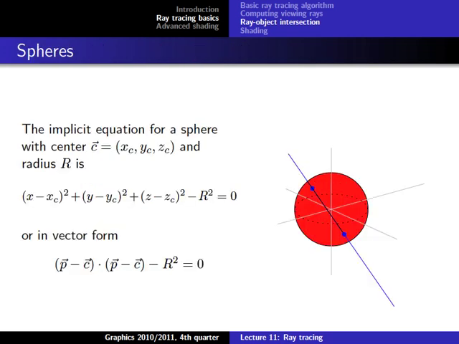And we had this example for a sphere. I put it down again to repeat, because I'm sure a lot of people have forgotten it. A sphere can be represented in its implicit form in this way.